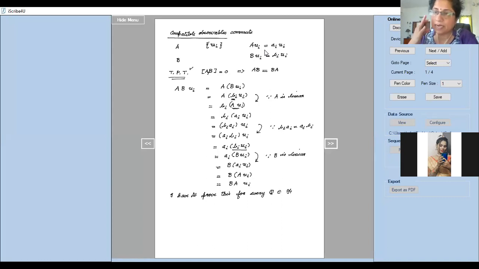Now comes the rescue: A and B are observables. Since A and B are observables, every psi belonging to the vector space can be written as psi equal to summation over i of Ci ui.